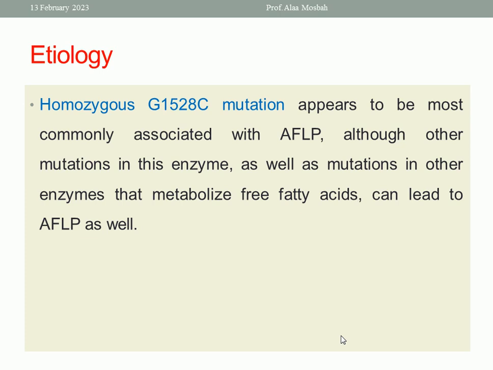So this is not the only enzyme. There may be other deficient enzymes related to fatty acid metabolism that can also cause acute fatty liver of pregnancy, but the commonest up till now is related to the homozygous G1528C mutation.